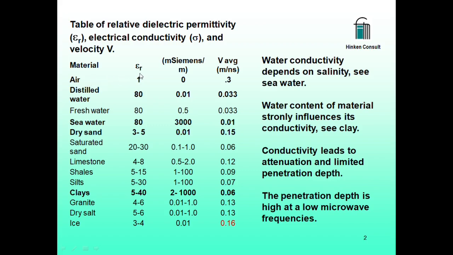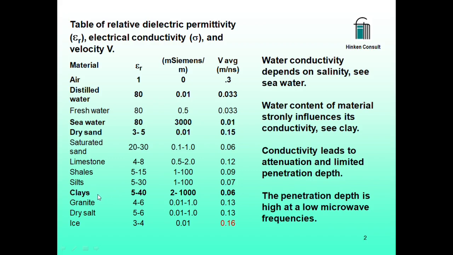Air has a relative permittivity of 1 and is not conducting, that is, conductivity is 0. Distilled water at GPR frequencies has an epsilon r of 80 and low conductivity. Dry sand has a permittivity of 3 to 5 and also low conductivity.